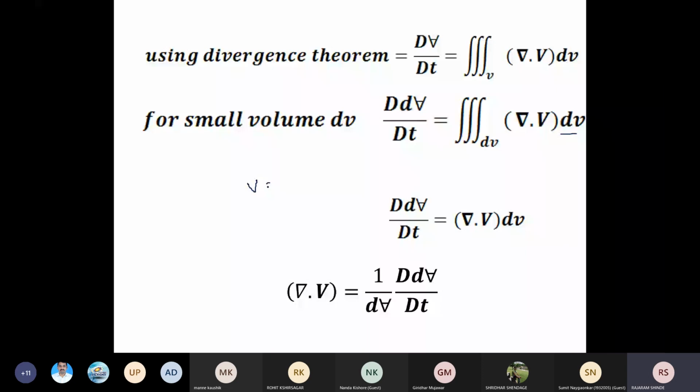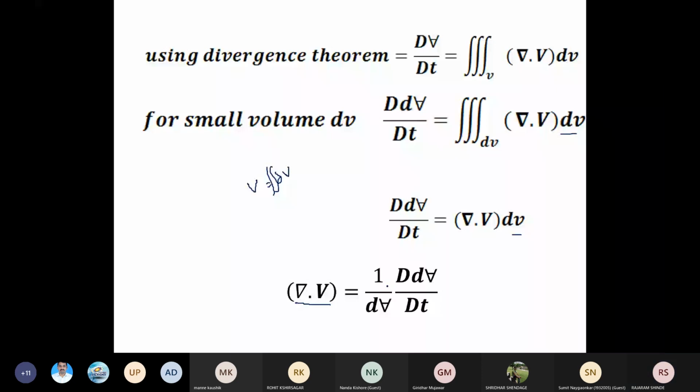So I have replaced that integration and I have written this equation in this form, that is d dv by dt equal to del dot v dv. And this is your divergence of velocity, equal to this, dv I have taken on this side, and it becomes d dv. What is the meaning of this?